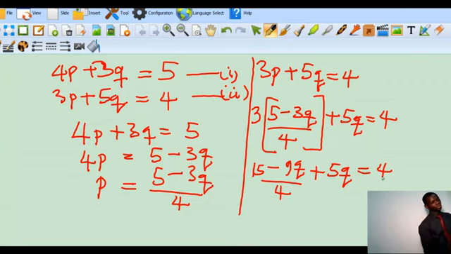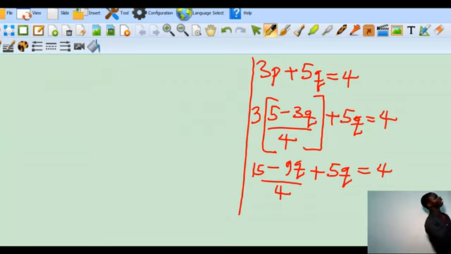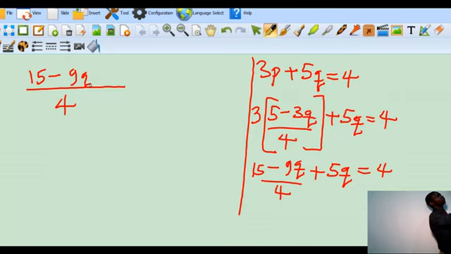All you need to do is to find the LCM. After finding the LCM, you have 15 minus 9q plus 20q is equal to 4.